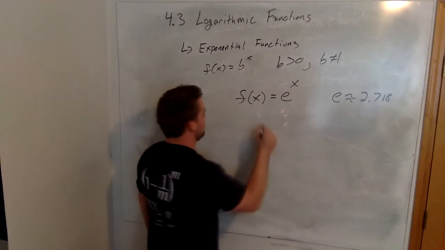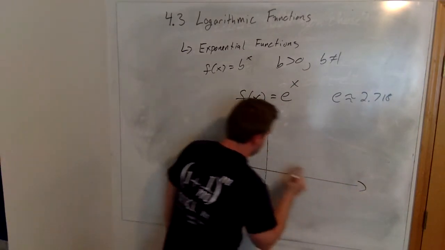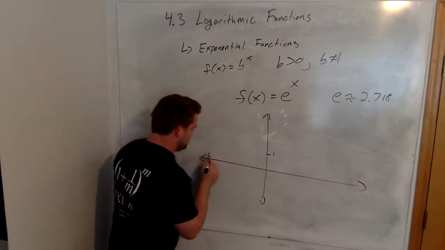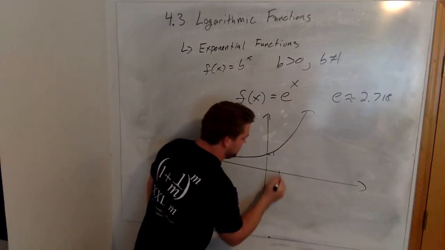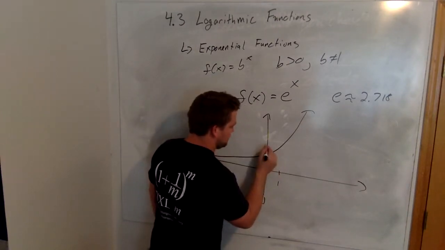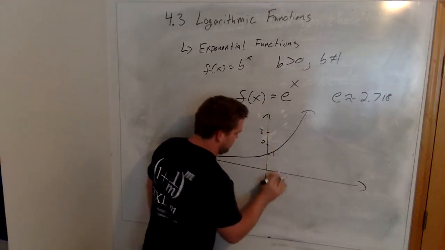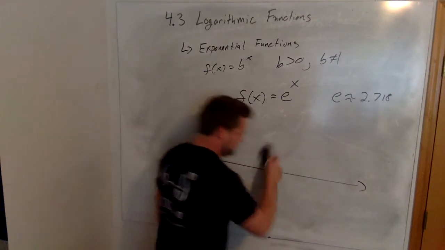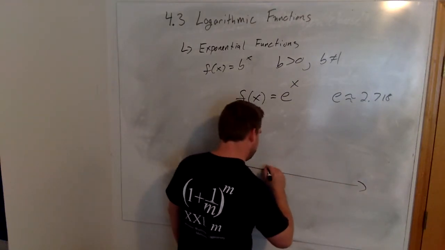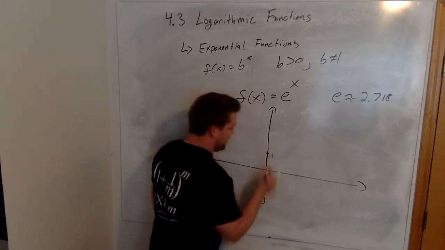This thing is all over the place. The exponential function e to the x is going to be a type of growth model. This is what e to the x would look like. If we were to graph it, if you plug in 0, you get out 1.